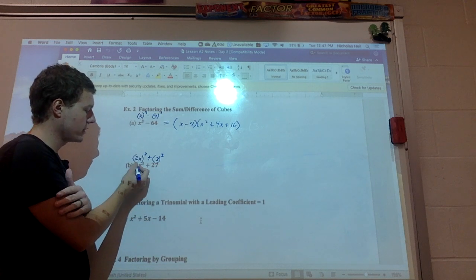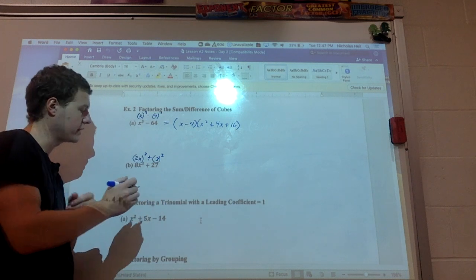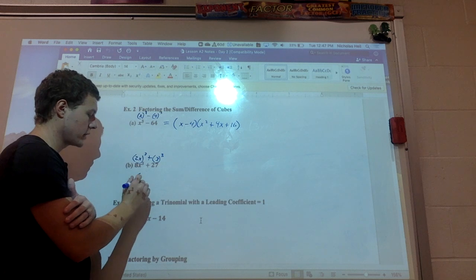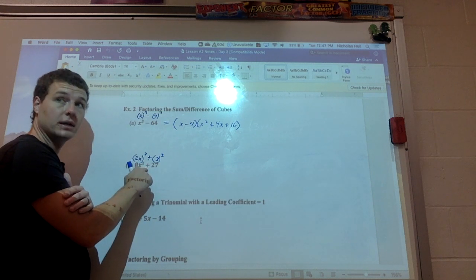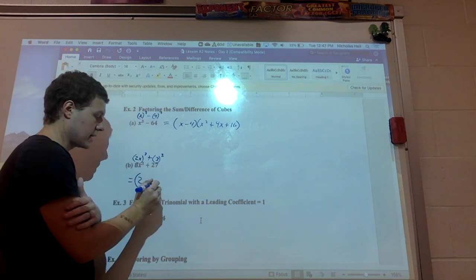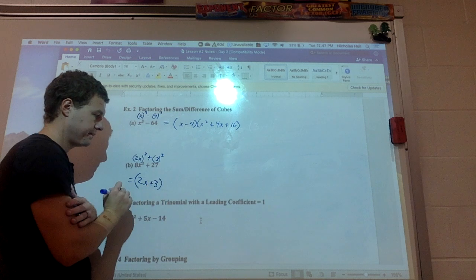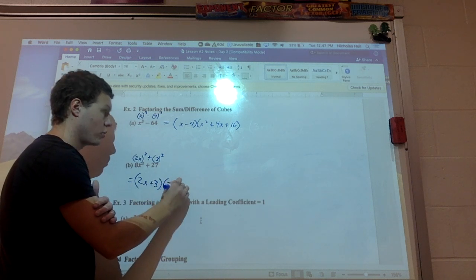Now, let's see. So first thing is this 2x. The second thing is the 3. If you can write it in that form, that should be really helpful. This is going to be equal to the first thing, 2x, plus, because now I have a plus inside, so I'm using the sum of cubes, plus 3 times first thing is 2x squared.